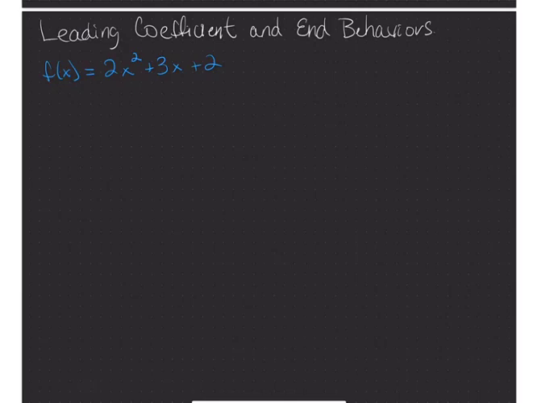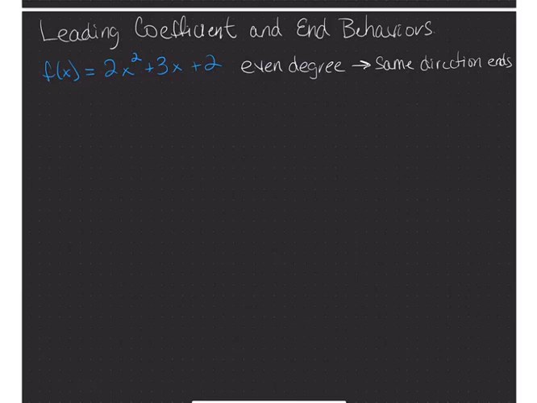So I know that it has an even degree, right? Because my degree is 2. And anytime I have an even degree, my ends are going to go in the same direction.